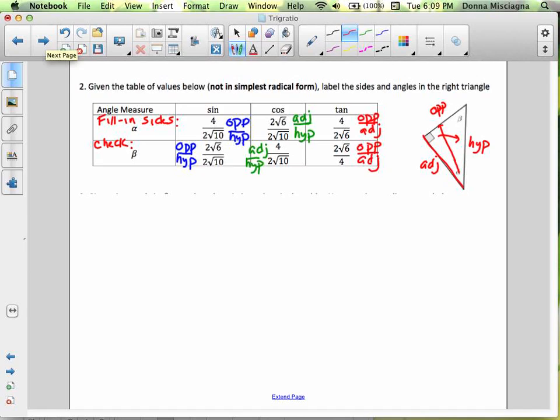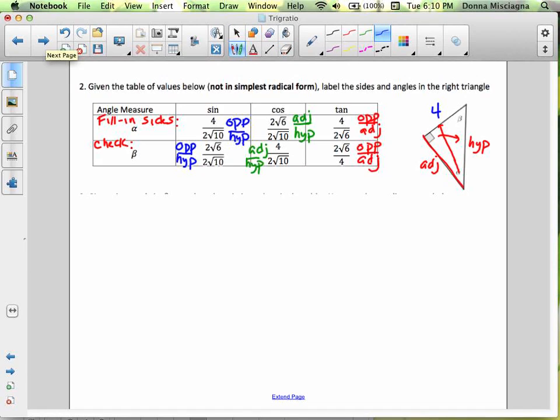All right, we want to label that because that's going to tell us where our sides go. Because our trig ratios give us the opposite side, the adjacent side, and the hypotenuse relative to an angle. So from A's point of view, the opposite side is 4. All right, so I'm going to just replace this with a 4.